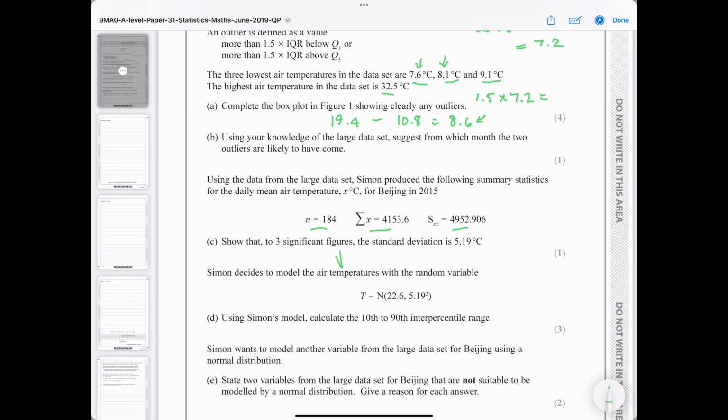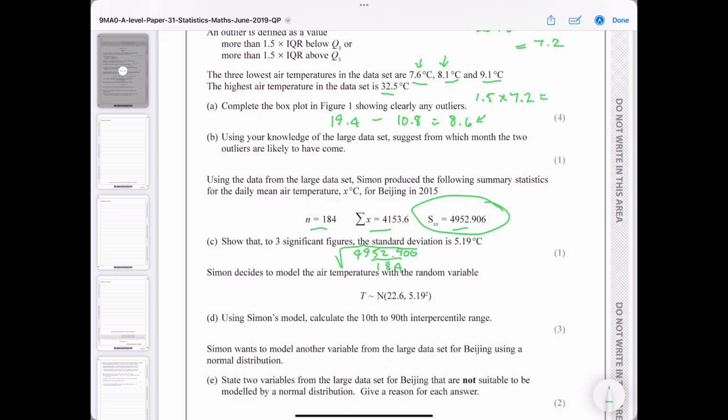So you do the square root of this, which is 4952.906 over 184, and that gives us the square root. Wow, that 4 looks like a 9, doesn't it? 4952.906 over 184.